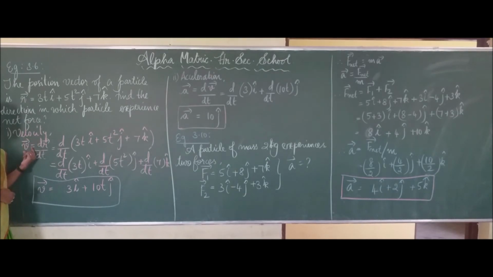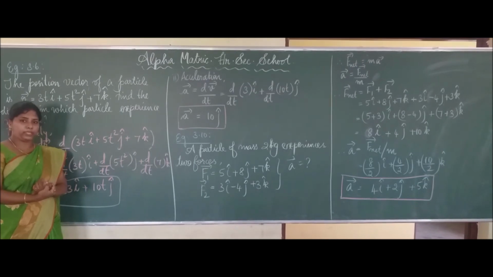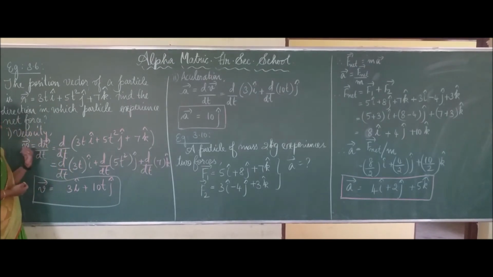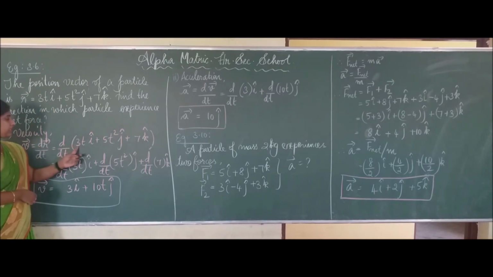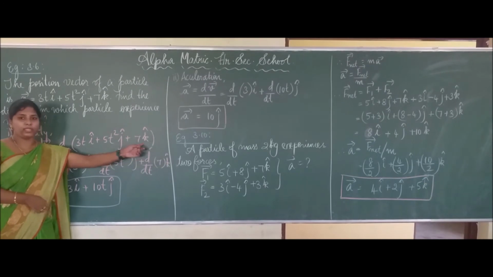What is the velocity formula? Generally we know velocity is displacement by time taken. So in terms of vector, v vector equal to position vector by time taken, that is dr vector by dt. So d by dt of the r vector, they have given the value here: 3t i cap plus 5t square j cap plus 7k cap.